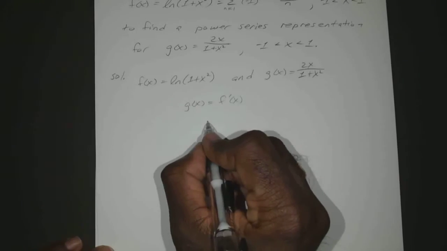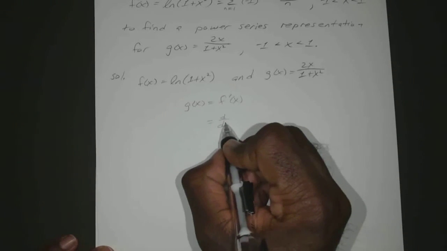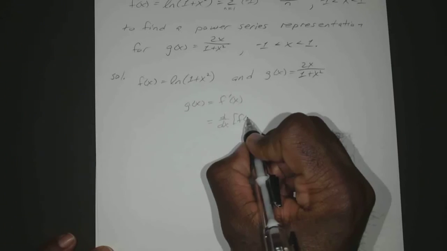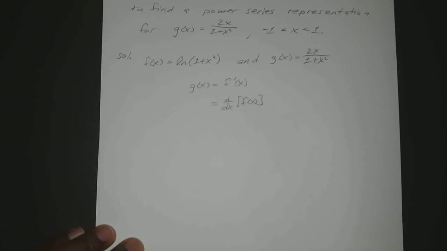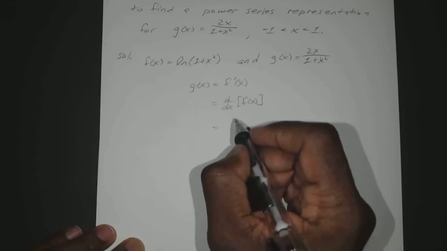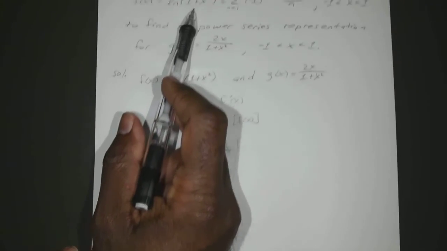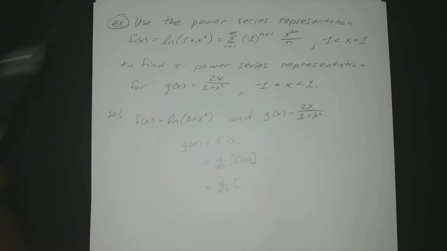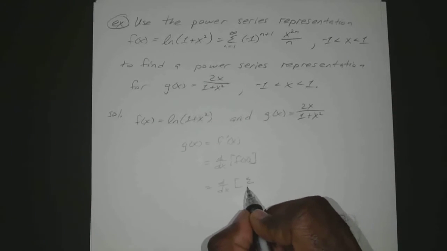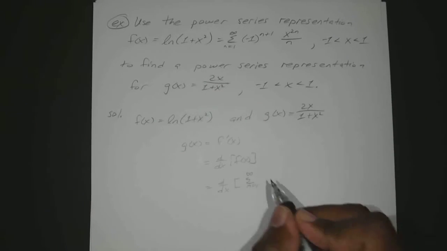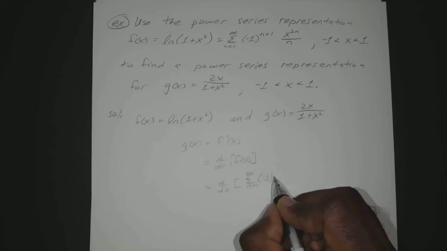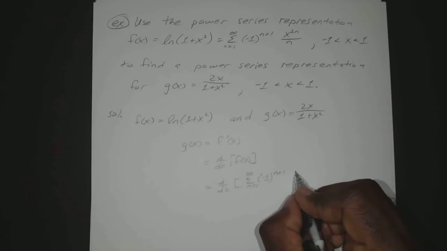Okay, so that means your g of x is equal to, again, the derivative of f of x, which is the derivative of natural log of 1 plus x squared, which is the sum from n equals 1 to infinity of -1 to the n plus 1 power.